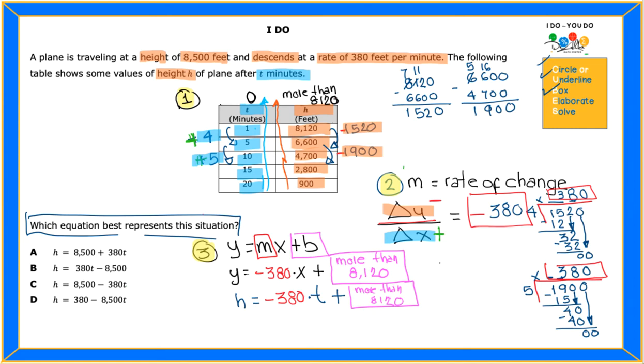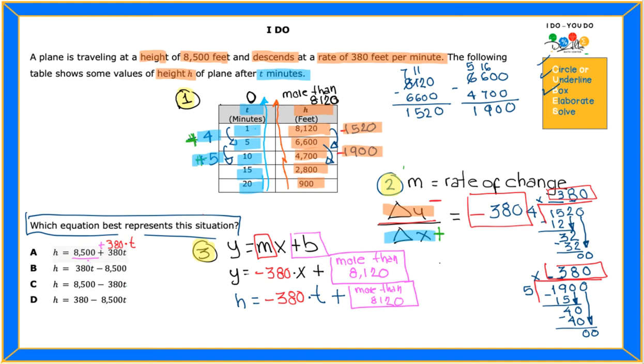Let's analyze choice A. The first value that we got is 8,500 plus 380 that multiplies the t. And here, this is the independent number, you see? Because it has no variable next to it.